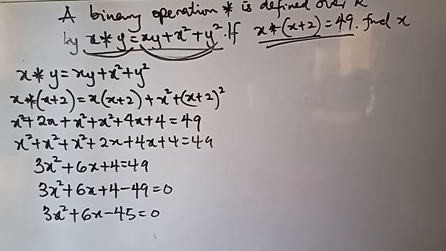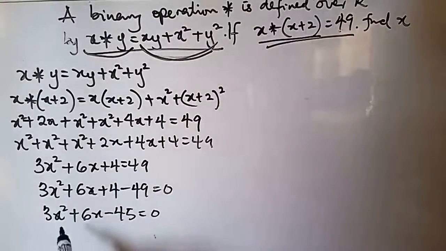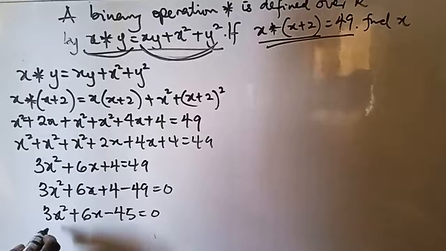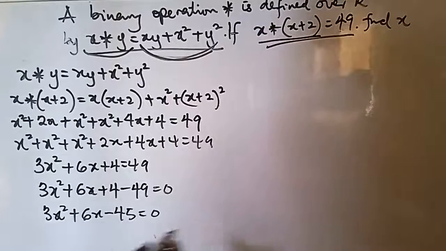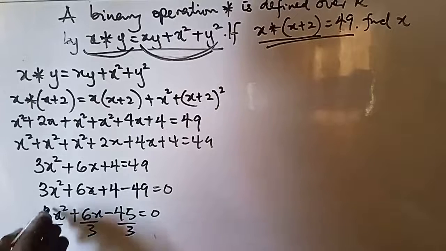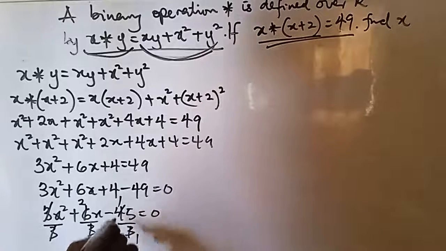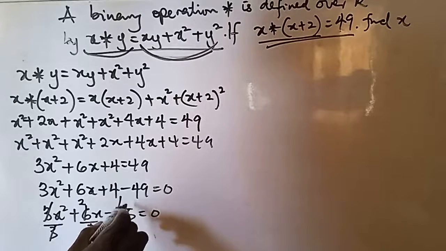Now you can see we have a common factor here, and the common factor is 3. So if we divide everything by 3, 3 in 3 is 1, 3 in 6 is 2, 3 in 3 is 1, and 3 in 45 is 15.